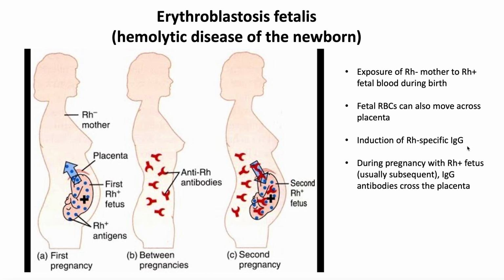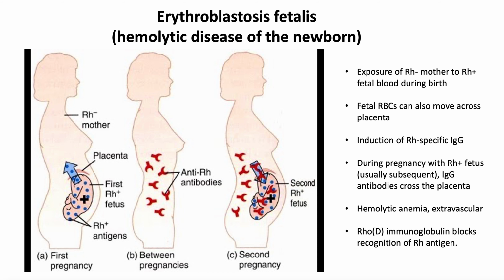And so during pregnancy with an Rh positive fetus, often a subsequent pregnancy, IgG antibodies can cross from the mother across the placenta to the fetus and induce hemolytic anemia. And again, this is an extravascular mechanism of destruction. And good prenatal care can prevent this because you can treat moms with Rho-D immunoglobulin, which blocks the recognition of the Rh antigen.